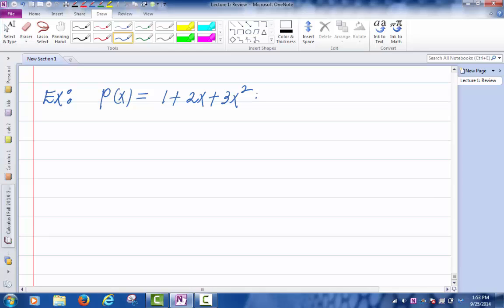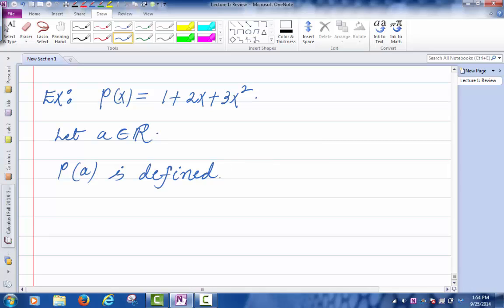And I want to know where this polynomial function is continuous. So let a be any real number, and I want to know if it is continuous at a. Well, p of a is defined, right? Why?